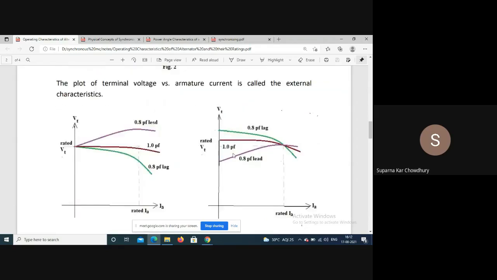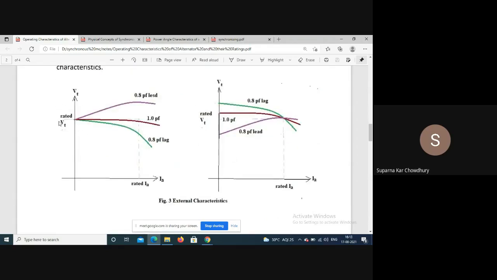So if we plot the figure for the first one, where no load voltage is equal to V rated, for 0.8 power factor, the terminal voltage will drop. For unity power factor also it will drop, but the drop will be less. But for leading power factor, terminal voltage will increase.